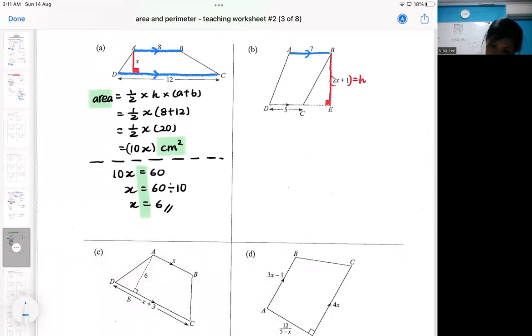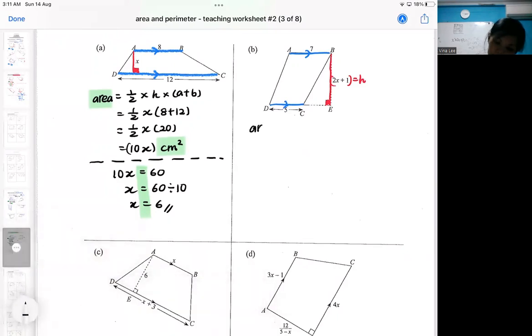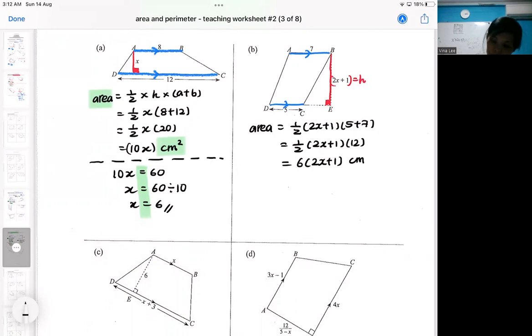These two are the parallel lines. So again, I'm going to do my area. Half times height, and add up the parallel lines. In the adding up, I got 12. 12 times half, that's 6. So that is my area.